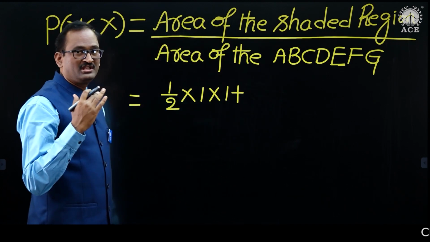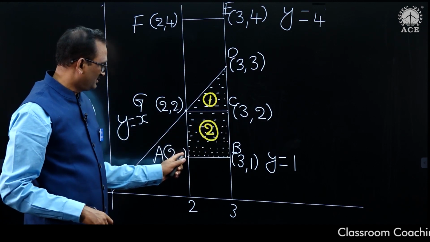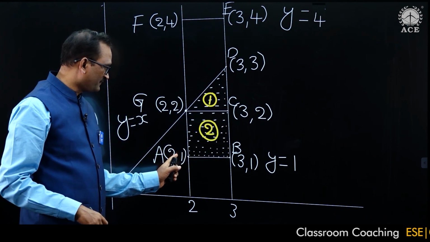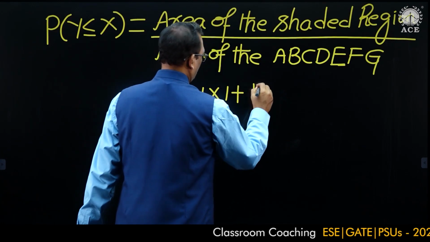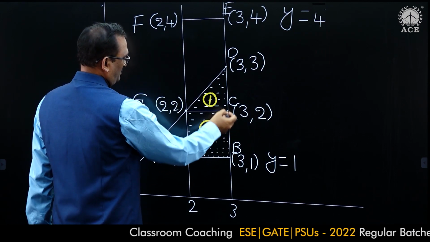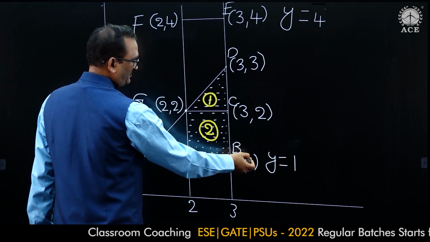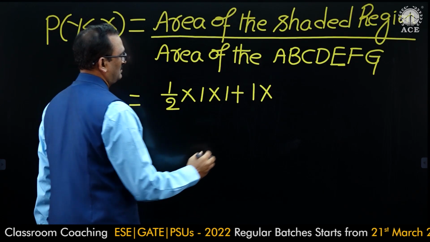Plus the area of the square, side into side. This side AB is the distance from 2, 1 to 3, 1, that is 1 unit. Another side BC is the distance from 3, 1 to 3, 2. That is also 1 unit.